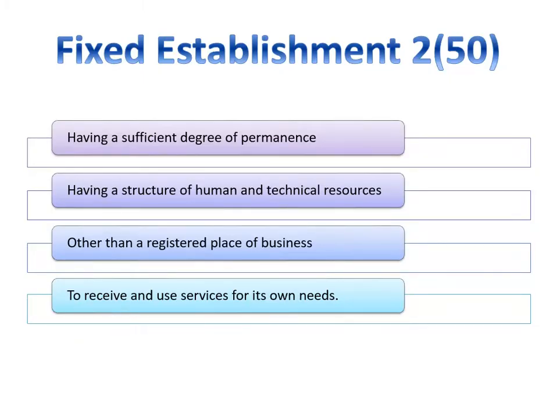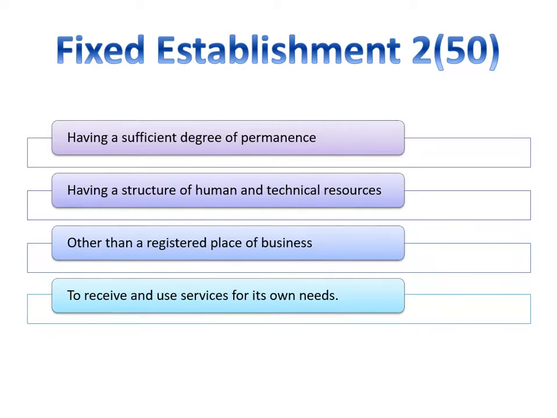Speaking about what is a fixed establishment. Now, a fixed establishment is one having a sufficient degree of permanence, with a structure of human and technical resources, other than a registered place of business, to receive and use services for its own needs.